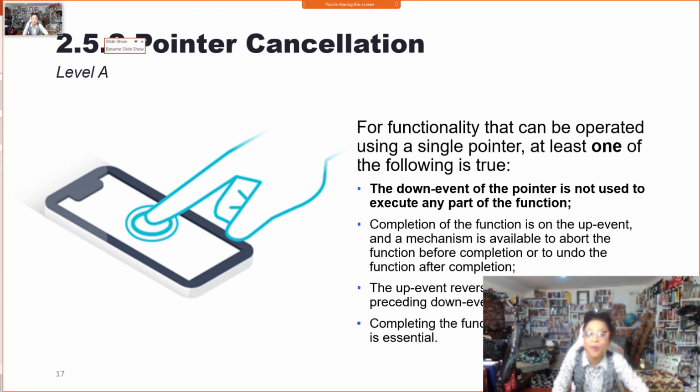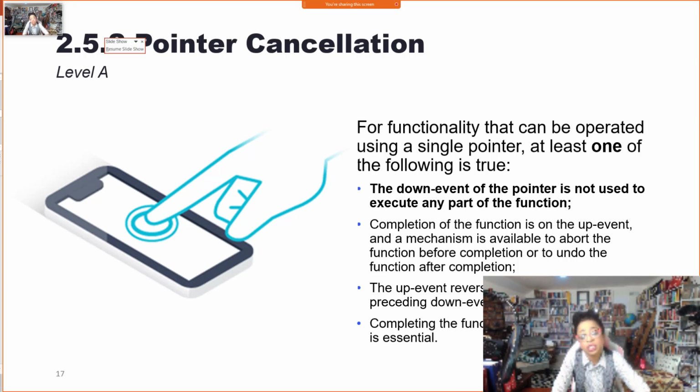So, pointer cancellation 2.5.2. This helps people with tremors, mobility, dexterity impairments, who may touch or click on the wrong location by mistake. And this mistake could actually cause an unintended action. This success criteria also benefits people with cognitive disabilities.